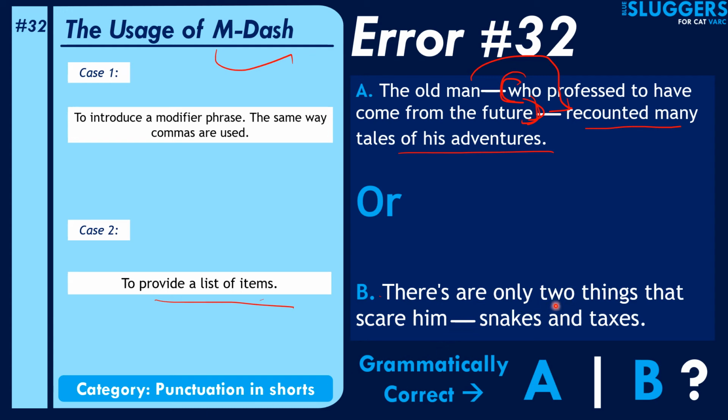The list has been provided, so there is nothing wrong in this sentence with respect to the M dash. The only error, which is more of a typo, is that instead of 'there' we have written 'theirs'. So read the sentence as: there are only two things that scare him, snakes and taxes. Even in this context, your M dash can be used. I hope that's clear.